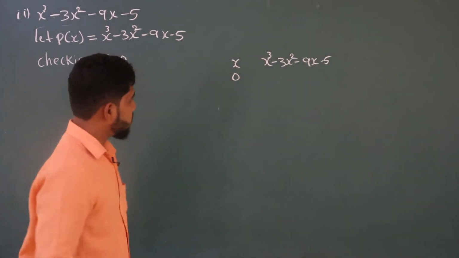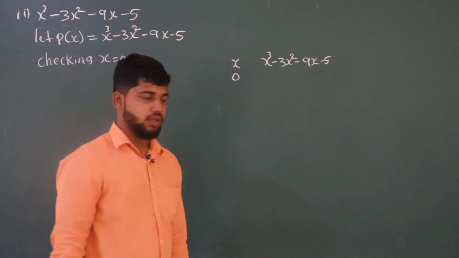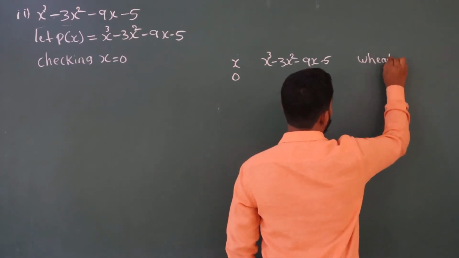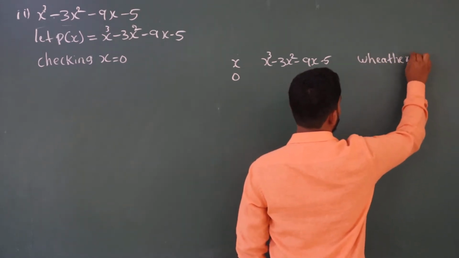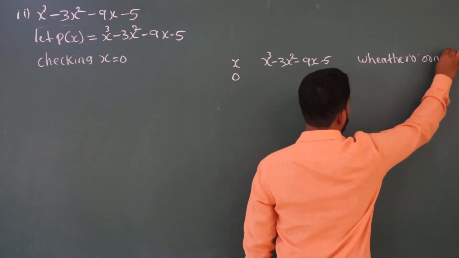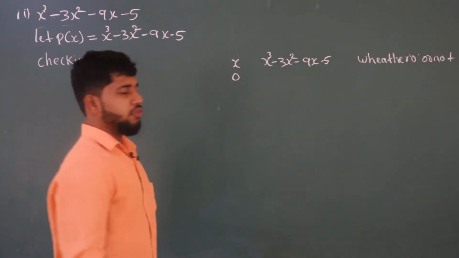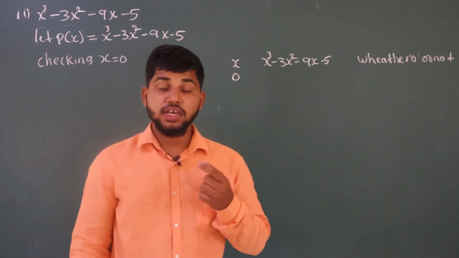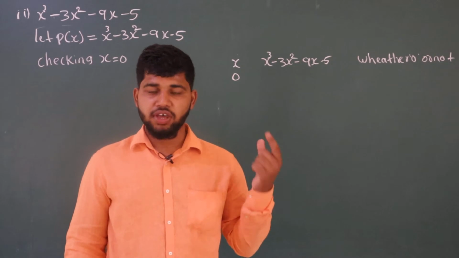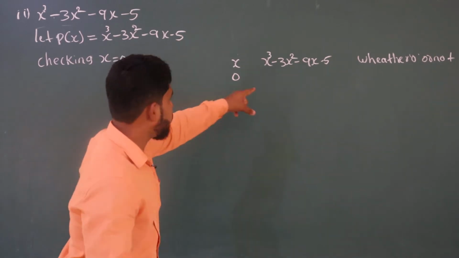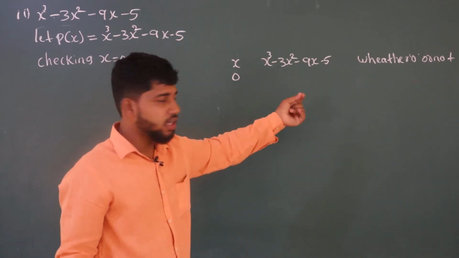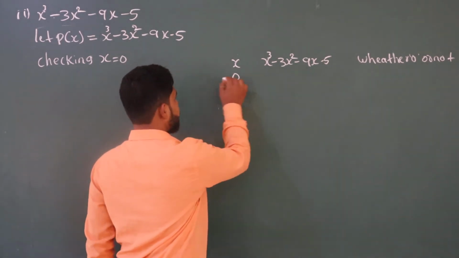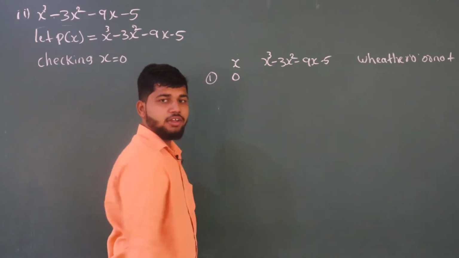Whether it is 0 or not, you have to find here. Now in the place of x, we are putting the value 0 in p of x, which is x cube minus 3x square minus 9x minus 5.